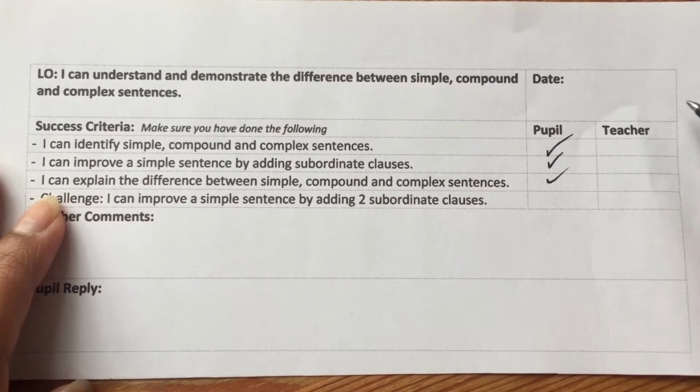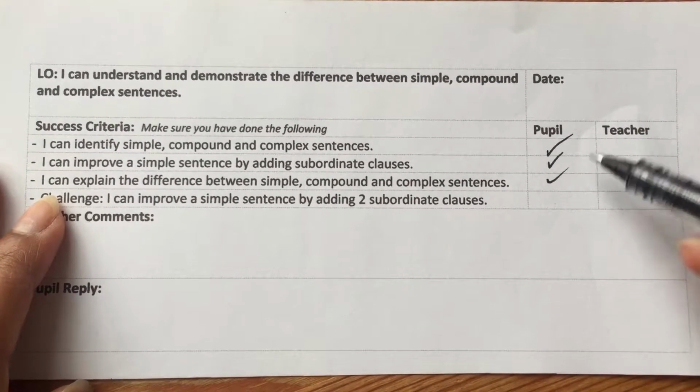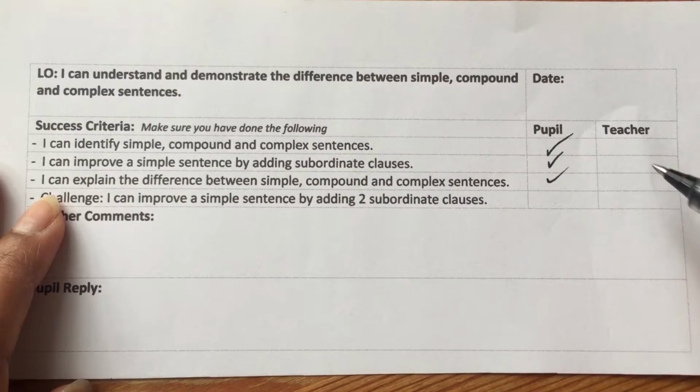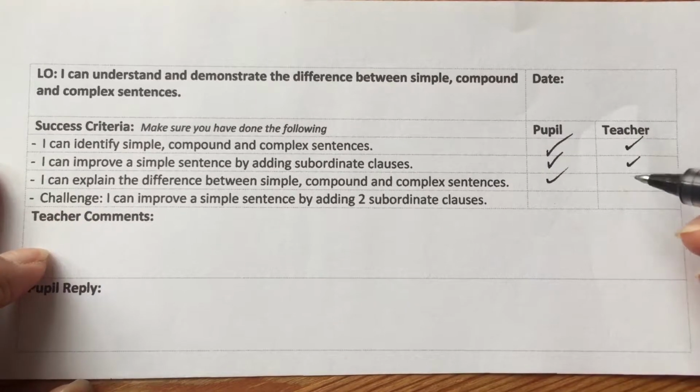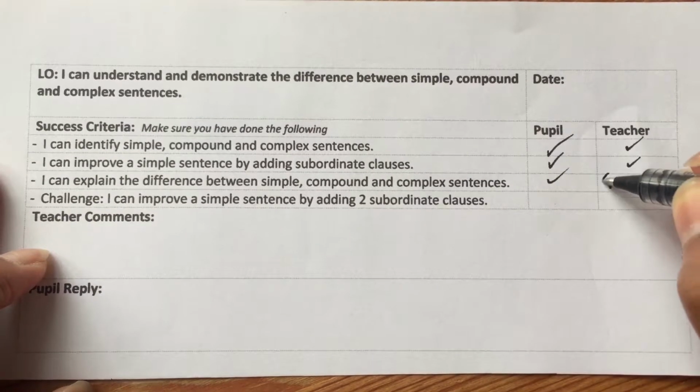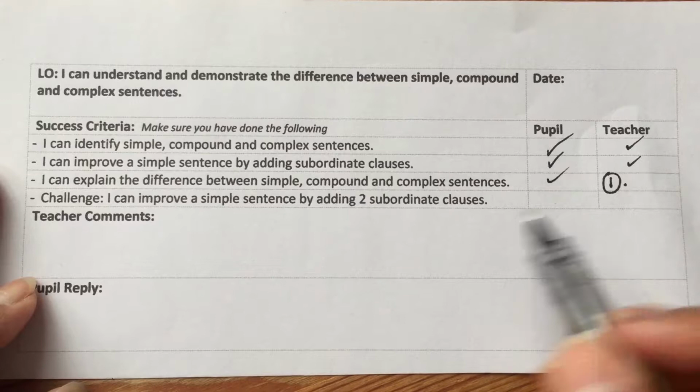So this bit here is where you then clarify whether they did that right or not. So you'd say, okay, tick, tick, you did these bits right. And then I could put a 1 like this, okay, here.